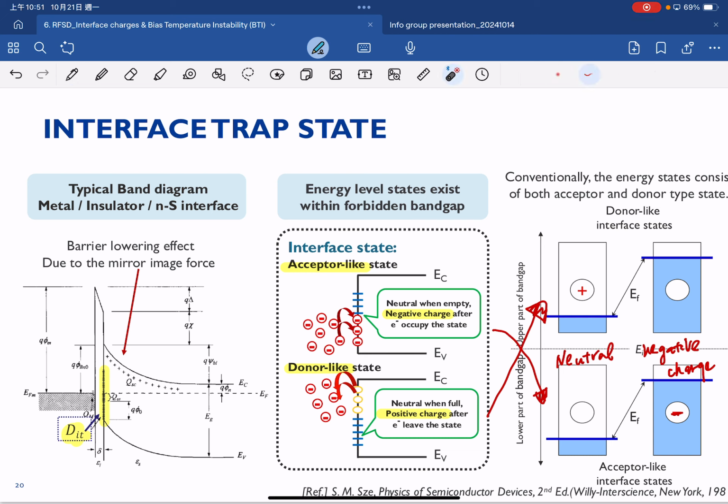Here our EF is below our trapping site, so this case has a positive charge if an electron leaves the site. So this will have the positive charge. But based on the definition, this is neutral.